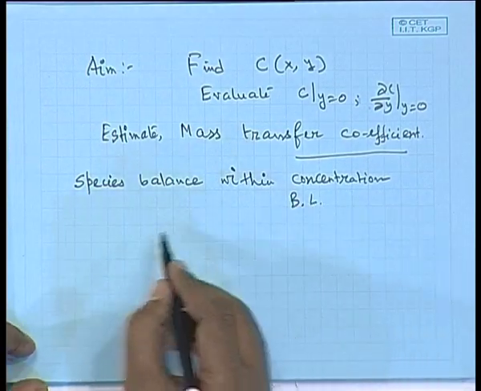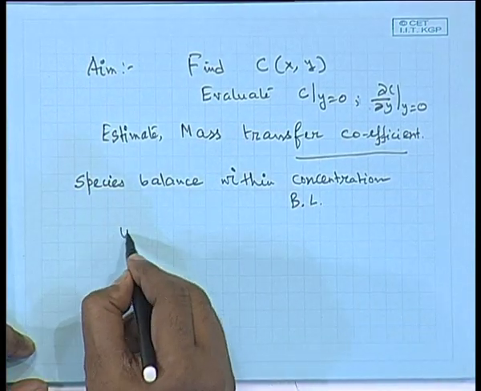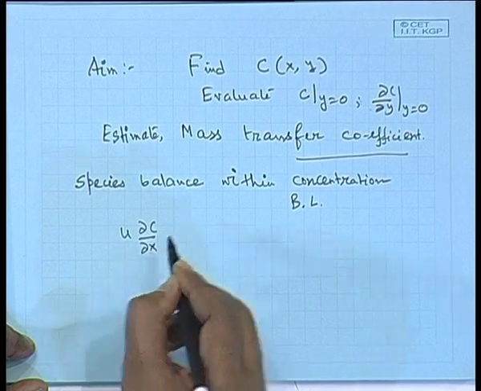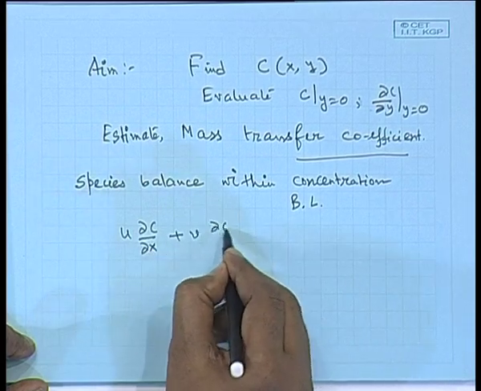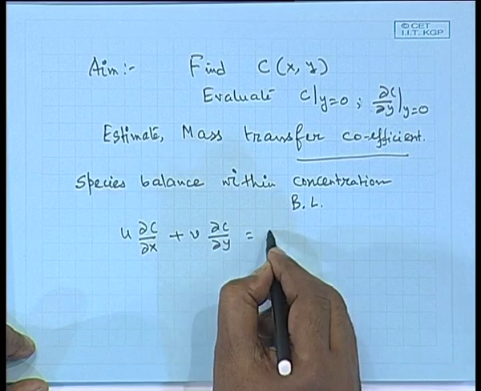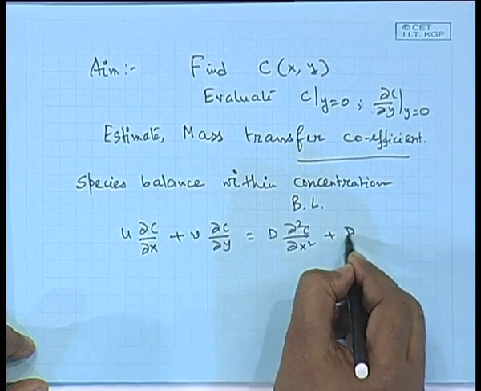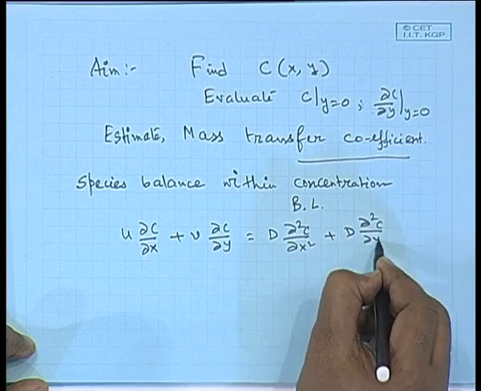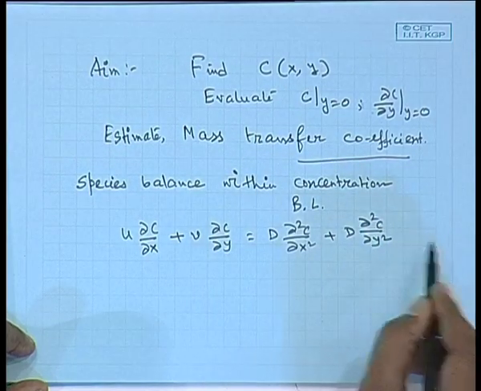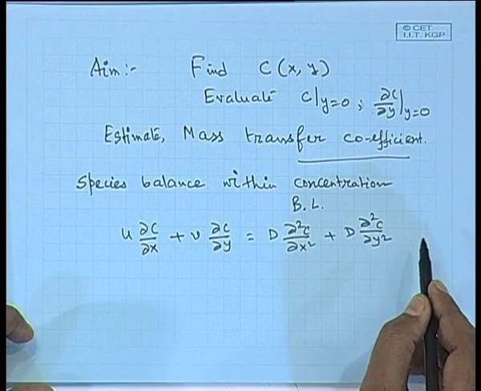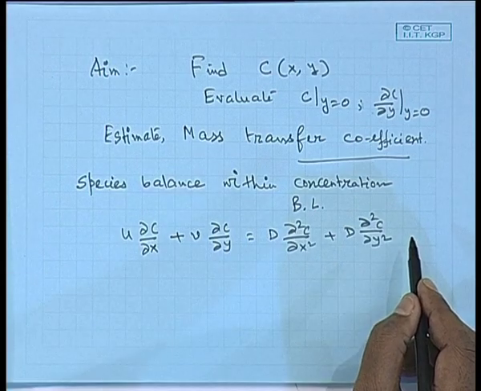Now, if you write down the species balance, the form will be U del C del x plus V del C del y is equal to D del square C del x square plus D del square C del y square. There will be no generation, no consumption of the species, because it is not a reactive system.